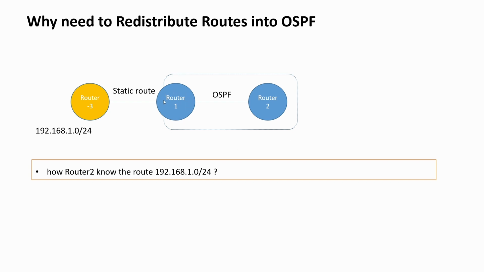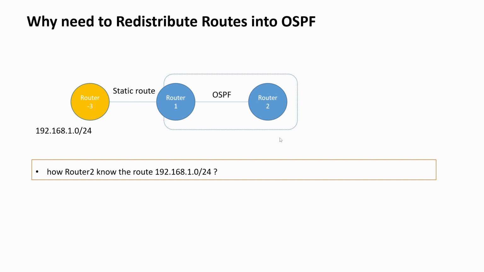So R1, router 1, has a static route pointing to this network. However, R2 does not know this static route because R2 only knows OSPF routes. The static route is not an OSPF route, so R2 has no way to know it in this setup.